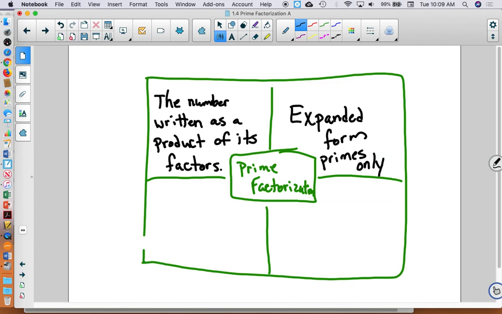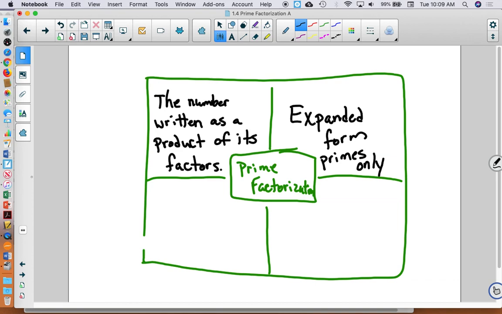For example, pick a number. Let's not go great big. Somebody give me a number. 40. Okay. Now it says the number written as a product of its factors, and we're talking primes only.